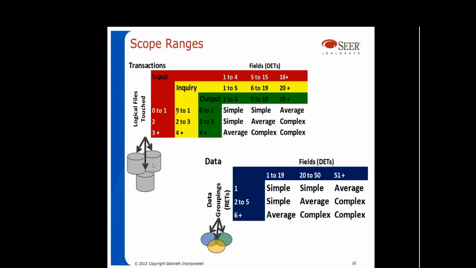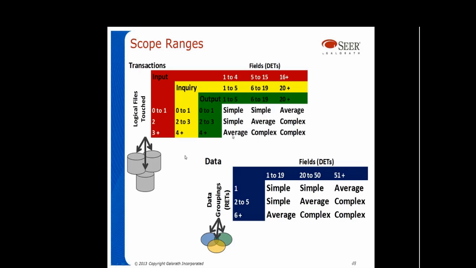And then once I'm on that row, I say, well, how many fields have I worked on? If I have a lot of fields that I've worked on, but relatively few data, I could be average complexity because it gives me credit for more fields. If I have a lot of data that I'm accessing, but very few fields, well, it's still a bunch of work to integrate with all that data. I could be at least average complexity.